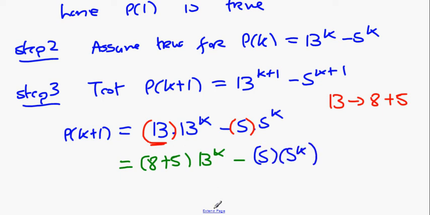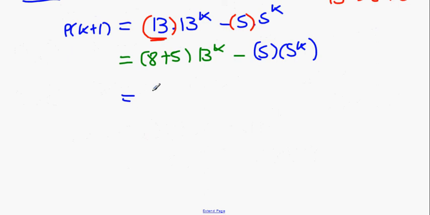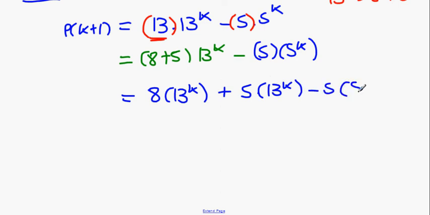And look what happens here. We're going to get 8 times 13 to the power of k, plus 5 times 13 to the power of k, minus 5 times 5 to the power of k. And what happens when we break the bigger number into the smaller numbers, we can factorize out 5.